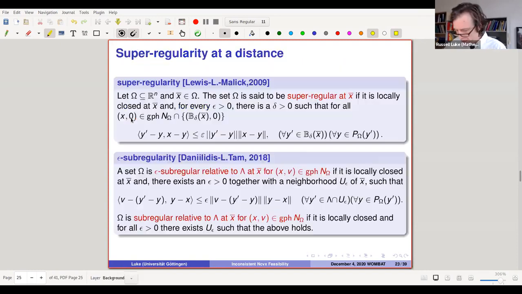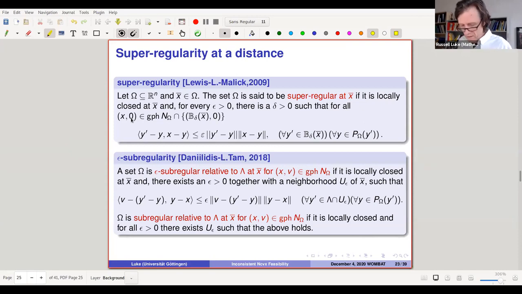But basically, the fact that we came up with the same strategy led me to believe that we've done it right. So super regularity at a distance, as I explained, there are a bunch of other notions of regularity of sets. Since these are projection algorithms, the question is, what does the regularity of the set mean in terms of regularity of its projection? Or the other way around, you could define the regularity of a set according to the regularity of its projection.